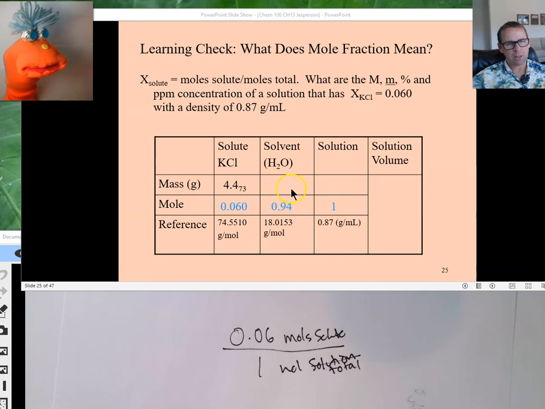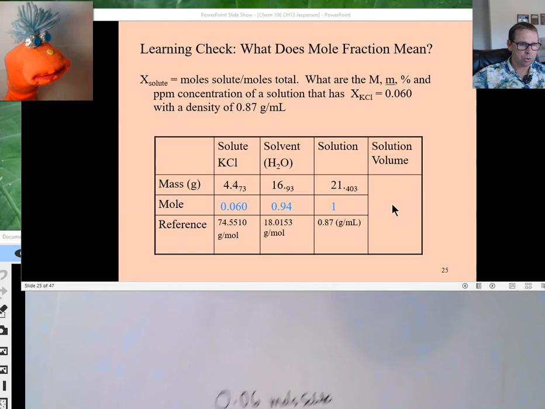So how about here? How do we get our mass of that? 0.94 times 18. Very good. And here? That's just the sum of those two masses, right? Very good. The sum of 14 and 16 here. How about the solution volume? Well, we took the grams of solution last time and then the density, right? That's right.